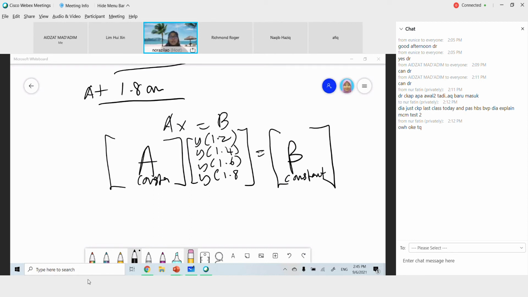Okay, after we produce this matrix, so ini kita panggil matrix ya. So you know this is SLE, betul? Okay, then if 3 by 3 use calculator, 4 by 4 we need to use what kind of method?